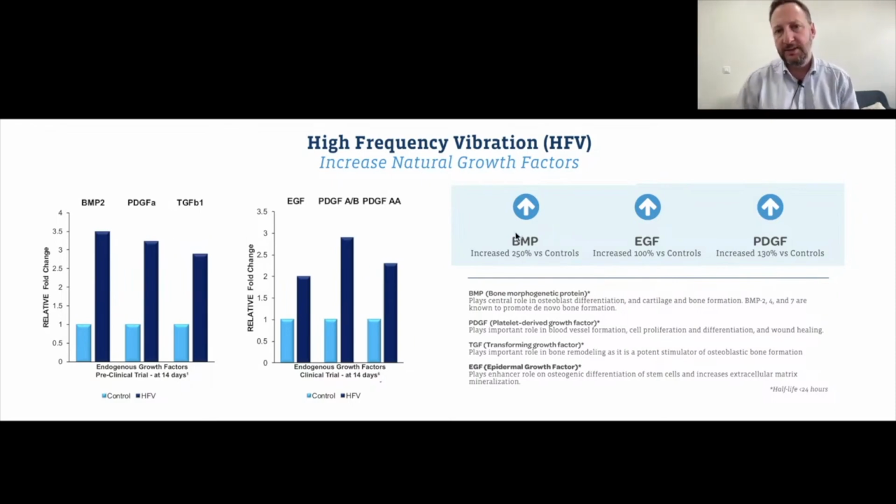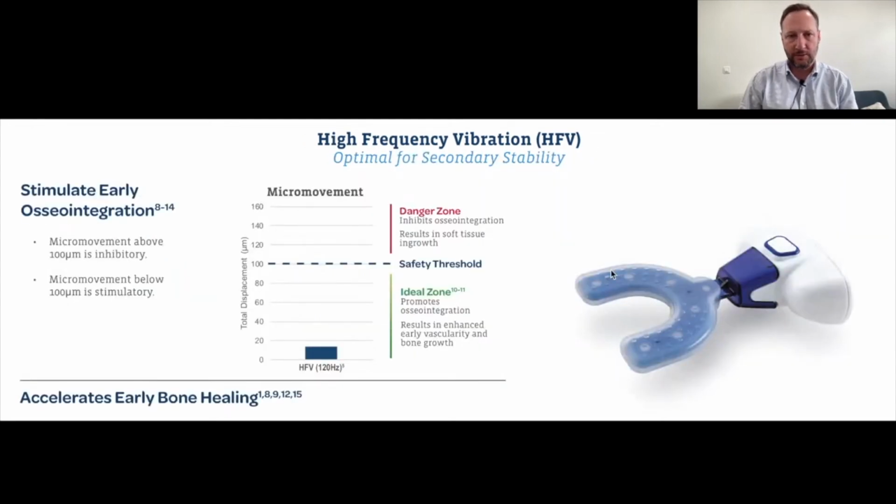Because it can increase by a lot, 250%, the most important natural growth factors: the bone morphogenetic protein, the epidermal growth factor, and the PDGF, which is platelet derived growth factor. They are intimately related to the quality of the osteointegration, and this is only after 14 days of usage of the high frequency vibration.